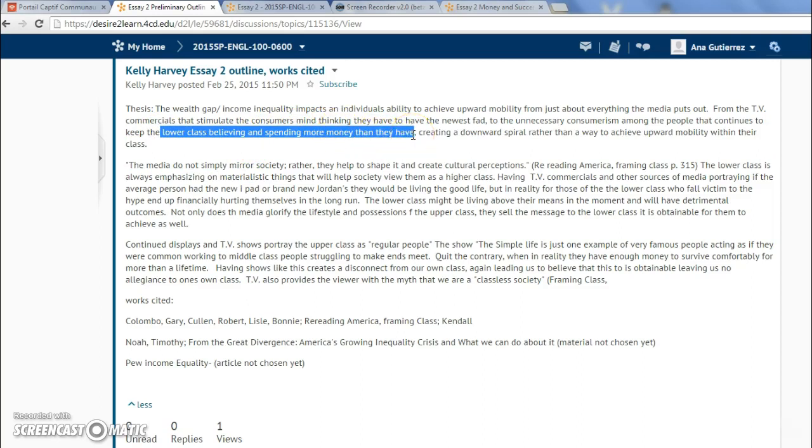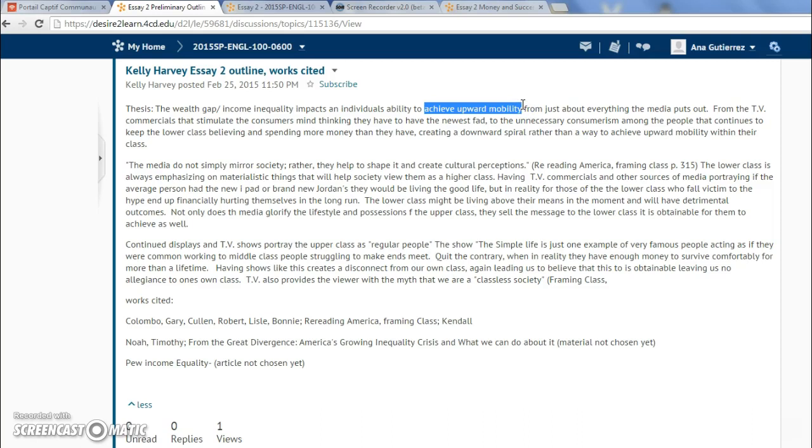Okay, that may be a point you could use if you have evidence from the readings to support it, because spending more than you have is connected to income inequality, and if you're spending more than you have, that would definitely, I could see, impact your ability to move up a social class. But you'd have to state that differently.